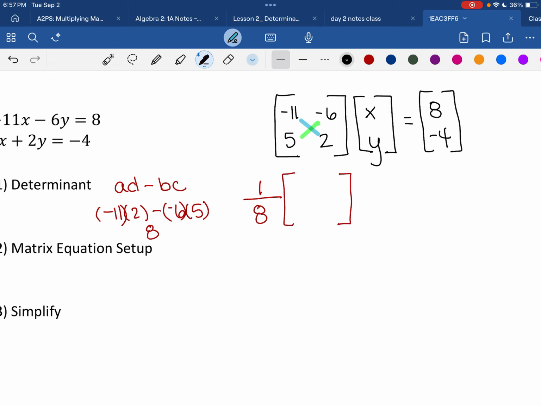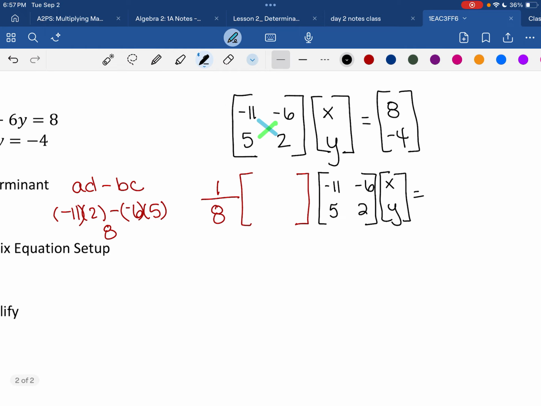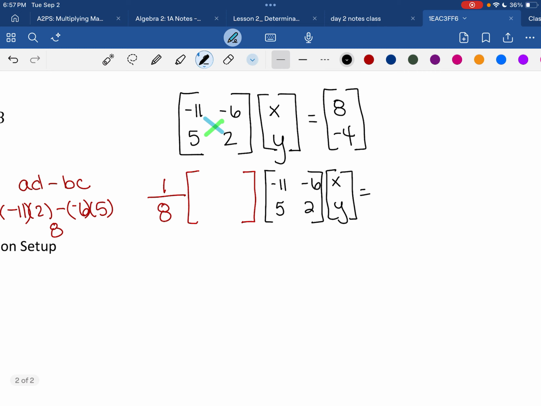So I have this, and then my original problem of negative 11, negative 6, 5, and 2 with my x and y equals. Whatever I do to one side of the problem, I need to also do to the other side. So I'm going to throw a 1/8 in there. On the left side, a blank matrix. And then I'm going to write down that 8 and negative 4.